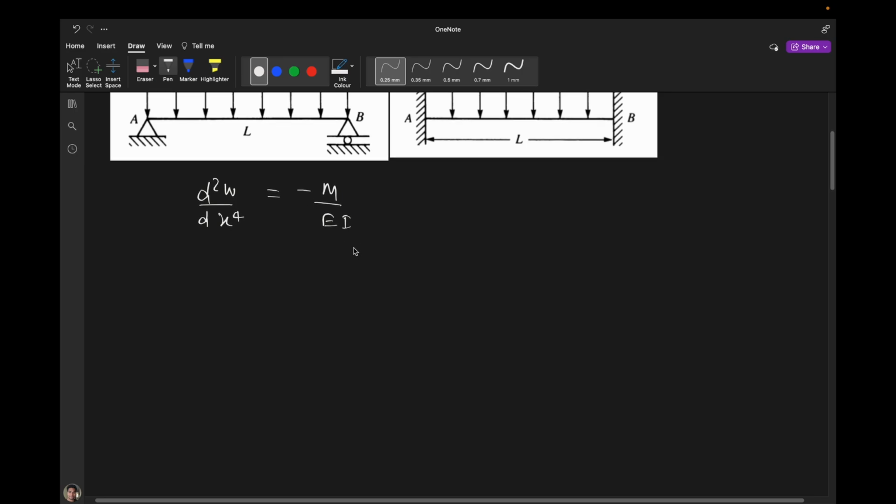Okay, so when I write W and we will try to find the moment, then we get the governing equation like this, equal to 0, and this is the sign convention which we are using throughout this course.